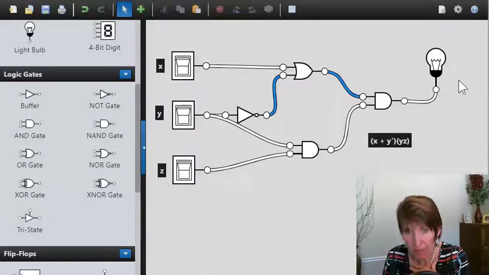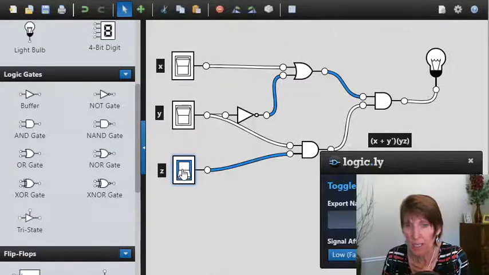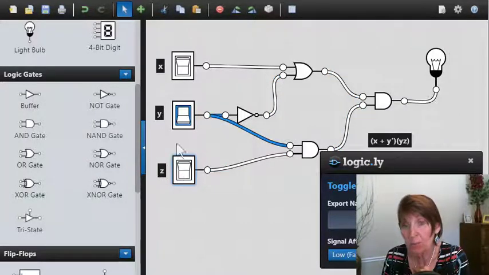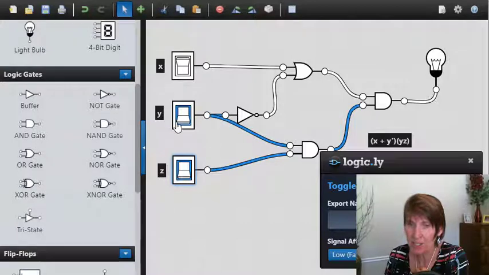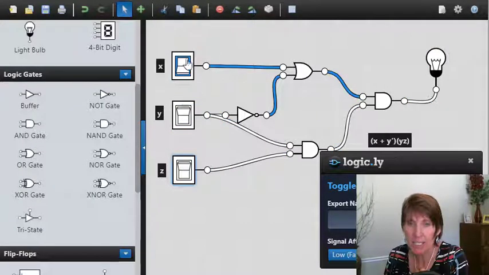When they're all off, it's off. When Z is 1, it's off. When Y is 1 and Z is 0, it's off. When Y and Z are both on, I'm just counting, so this is 3, it's off. And then the next thing is where X is 1 and Y is 0 and Z is 0, and it's off.